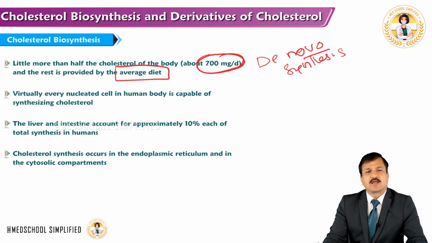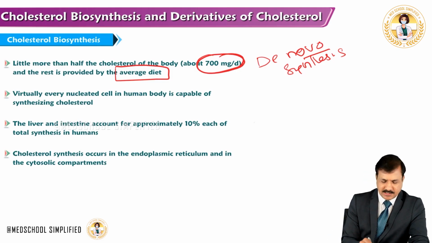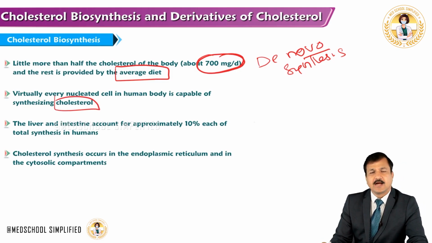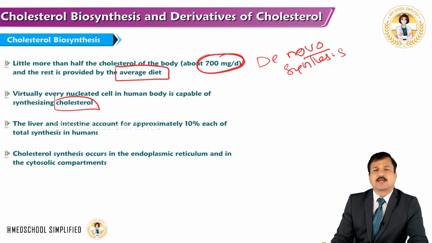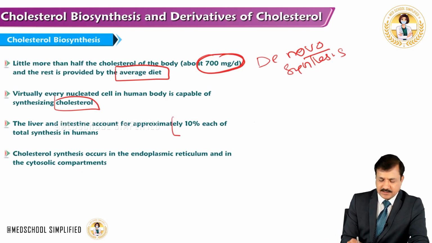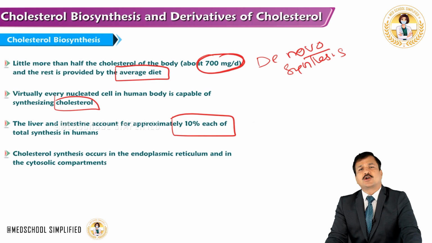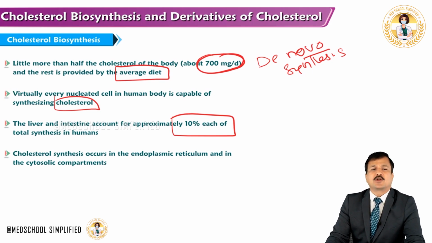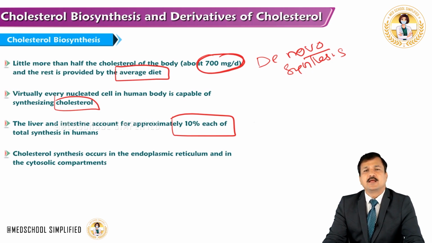Virtually, as I said, every nucleated cell in the human body is capable of synthesizing cholesterol, and in that, liver and small intestine are the ones that are significantly synthesizing cholesterol, which contributes to around 10% of the cholesterol that is made in the body.